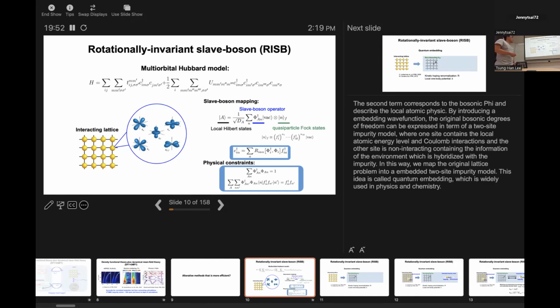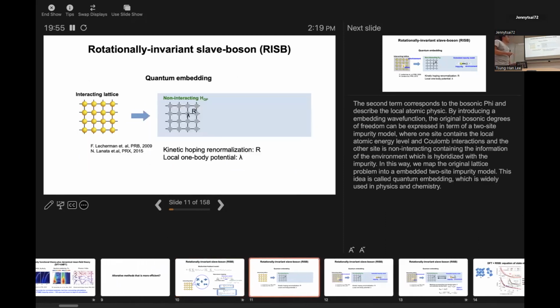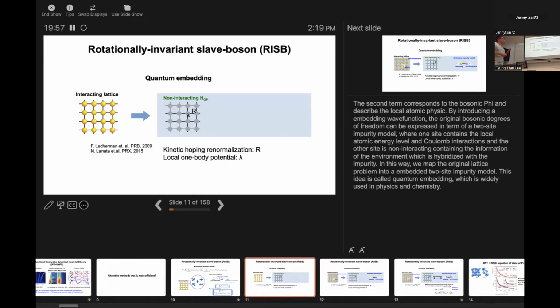With this, we can write down the Lagrangian, but I will not go into the detail. I will just give you a schematic result after we derive the saddle point of this Lagrangian. In the end, we have this quantum embedding picture for the rotationally invariant Slave-Boson.